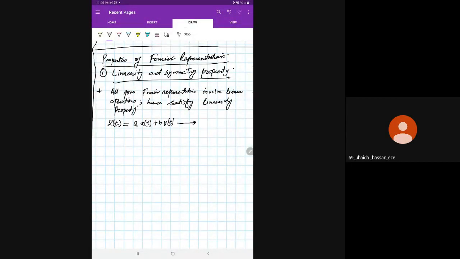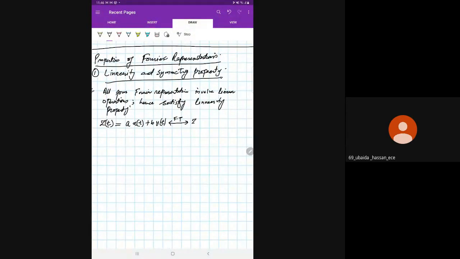If we take the Fourier transform of this, the Fourier transform of z of t will be z of j omega, just like the Fourier transform of x of t is x of j omega. So z of j omega is equal to a times x of j omega plus b times y of j omega. Okay, so that is the first thing.